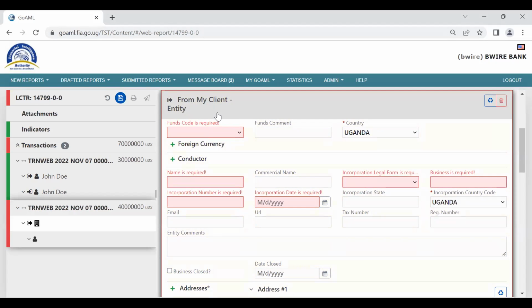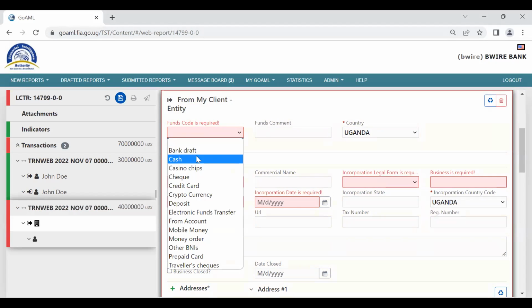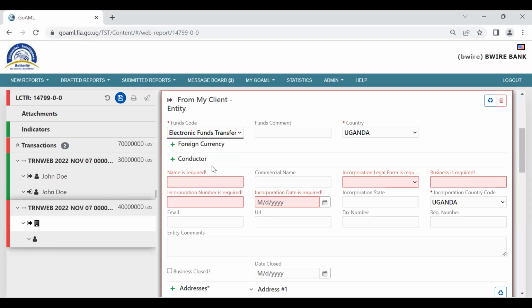So I'll choose the company as my client that is sending money for purchasing of building materials. We'll have to add an option here for online transactions. XYZ. Yes, please.